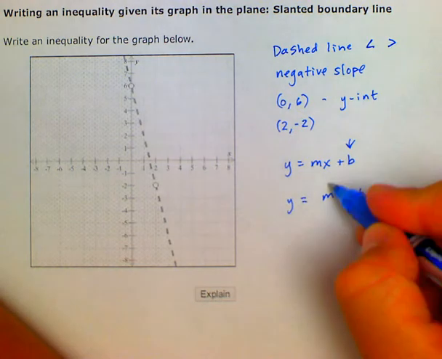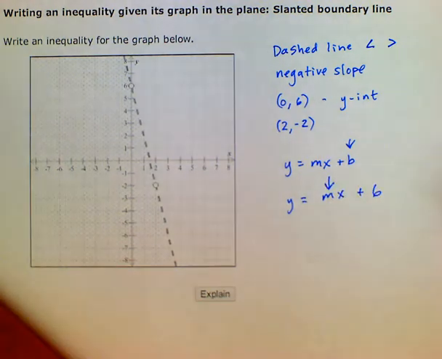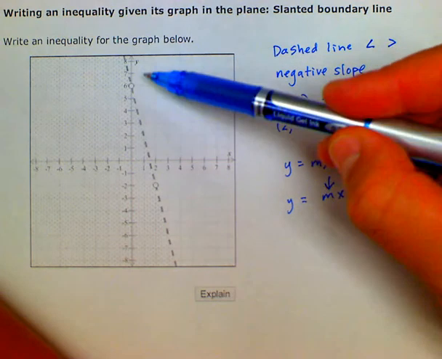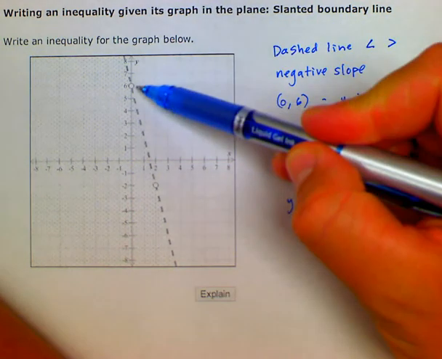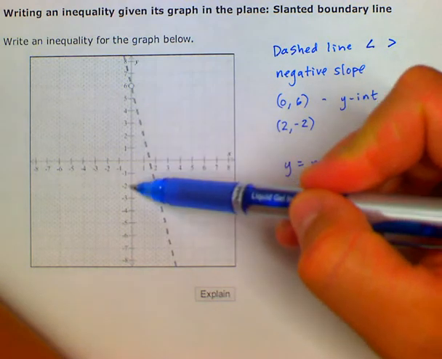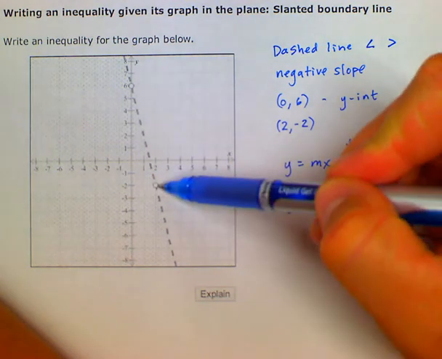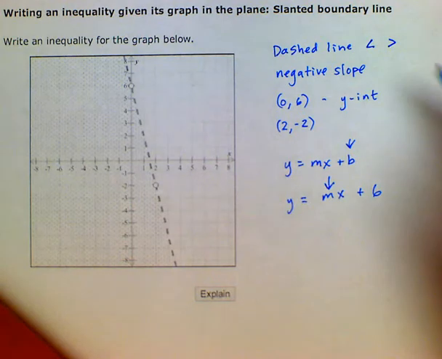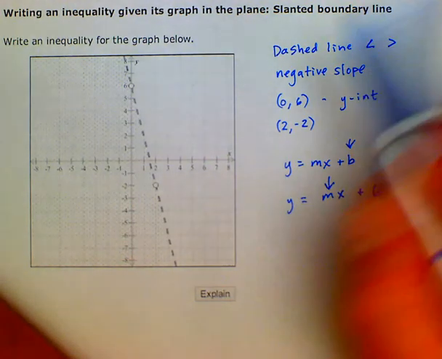Now we just need to solve for slope. We can do that very easily by just eyeballing it, and we can see that it crosses at 0, 6, and then down 8 and over 2. We don't even have to use a formula because the graph is given.